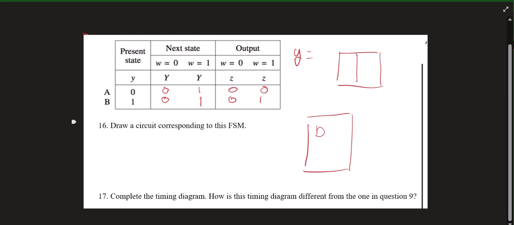Okay, so we have Y and W, and when W is 1, Y is 1.